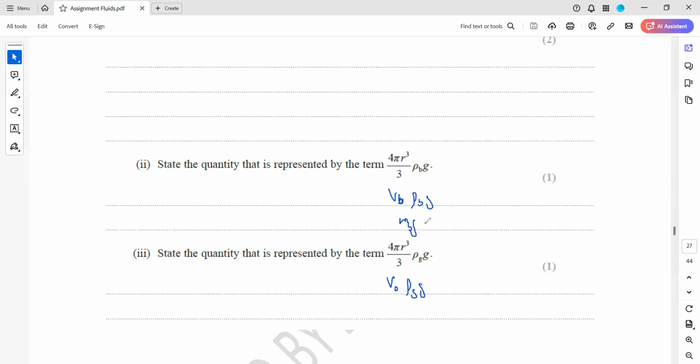So mass of the ball times gravity, what does it give us? It will give us the weight of the ball bearing. But what about this one? The volume of the ball bearing times the density of the glycerol, so volume of object, density of fluid times gravity, what does it give? It gives us the upthrust. So the top quantity is representing the weight and the bottom one is representing the upthrust.